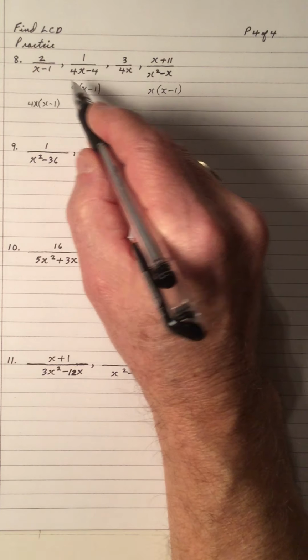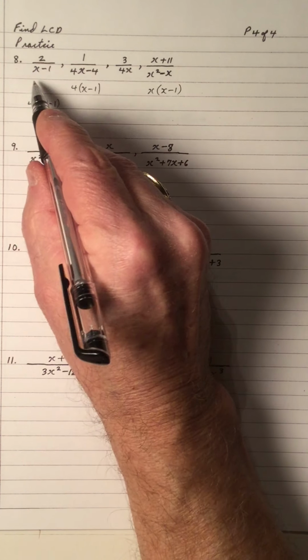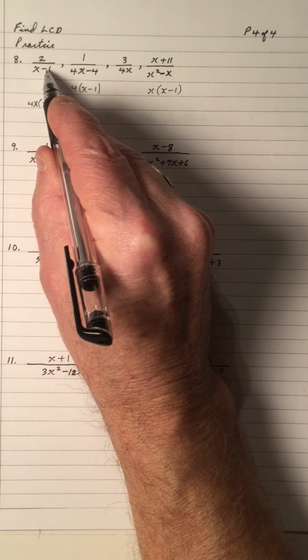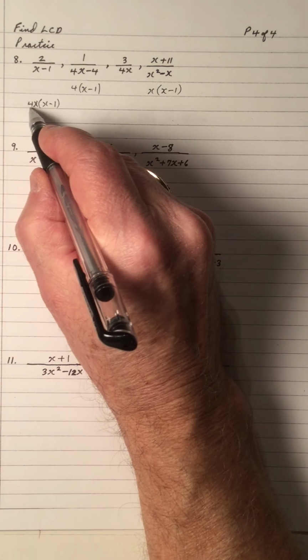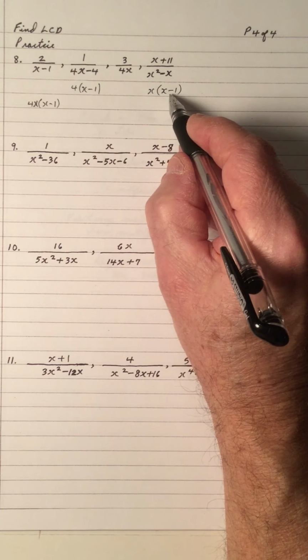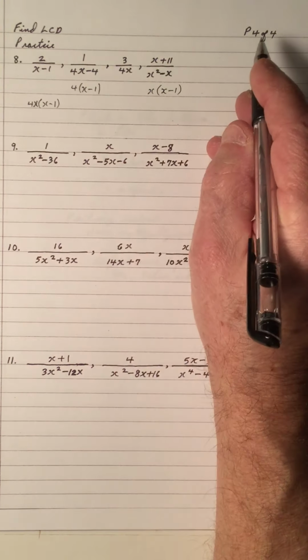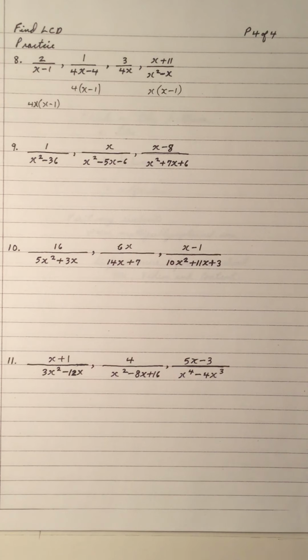And the x minus 1 is only one of them. So notice this denominator, x minus 1 is right here. 4 times x minus 1 is right there. 4x is right there. And x times x minus 1 is right there. So that's the LCD, 4x times x minus 1.